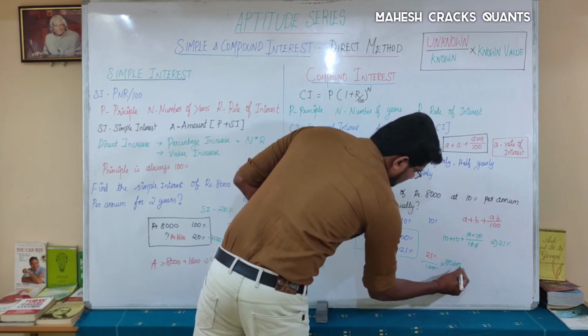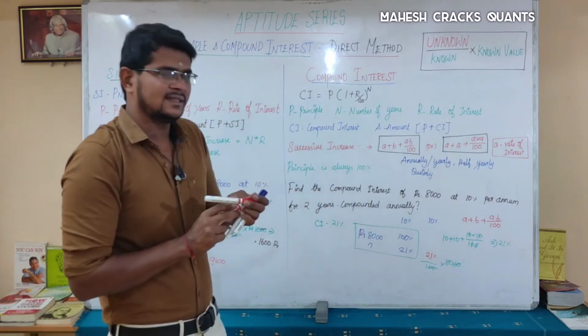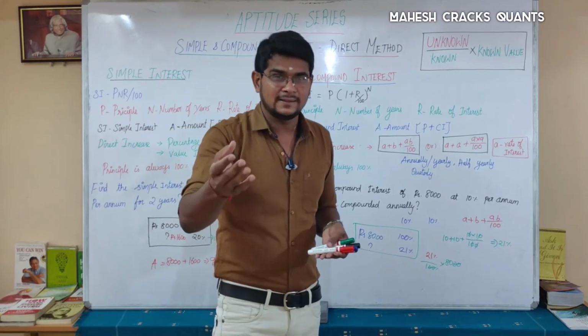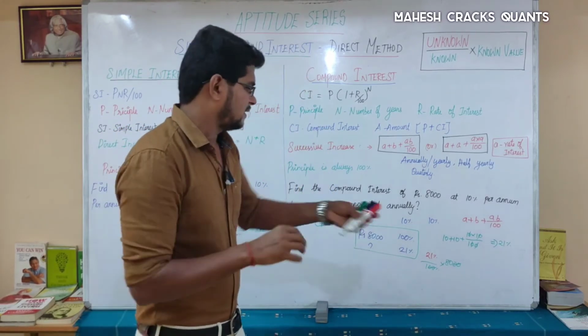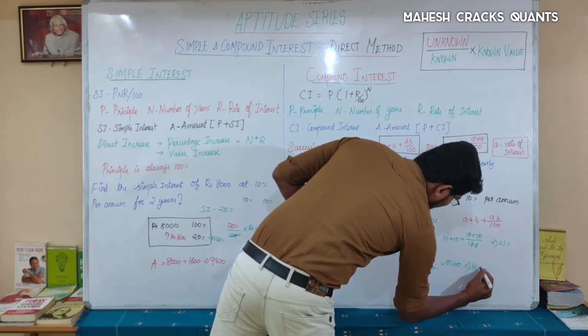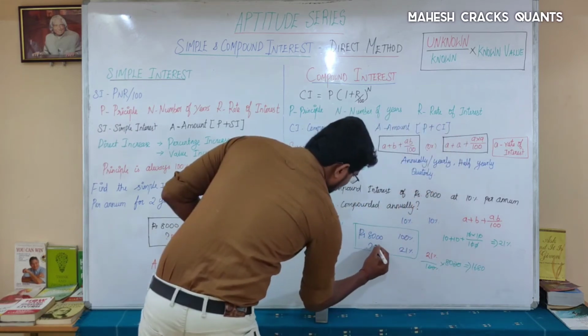So cancel the zeros: 21 into 80 is the answer. What is 21 into 8? 21 into 8 is 168. The answer is 1680. So the interest is rupees 1680.